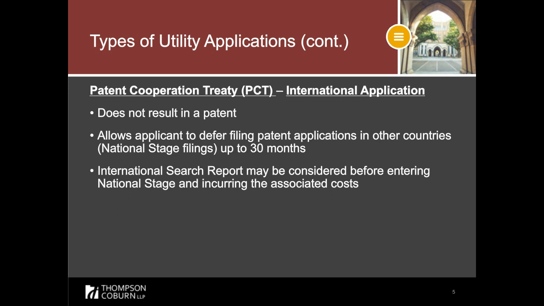They can cover a wide variety of things, methods, manufactures, things like a nanotube array or a silicon wafer. And the other type is a design patent, and it is the actual design of an article. For example, the design of an iPhone or design of a fixture in your house.